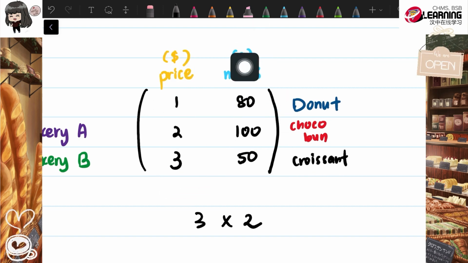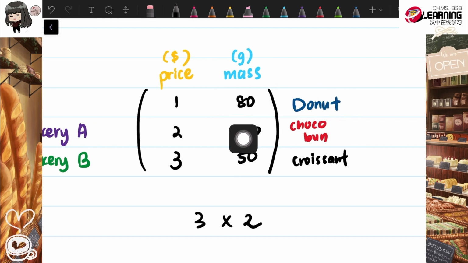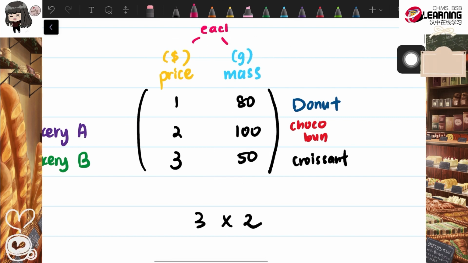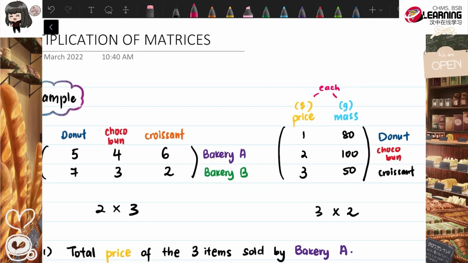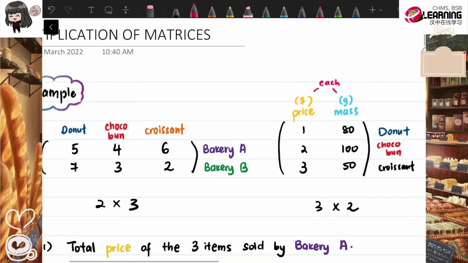This column here is for mass. One donut is 80 grams, a choco bun is 100 grams, and a croissant is 50 grams. This is for each. This is just an example I wrote down in a word problem, because when I multiply, I will let you see how multiplication of matrices actually works.